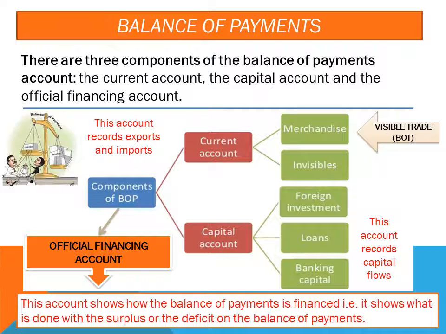The last section of the balance of payments is called the official financing account, and this comes about after you figure out what your balance is. If your balance is a surplus, meaning you've made more from the trading you've done, like what we call profit in a private sector case, in this case we call it surplus.